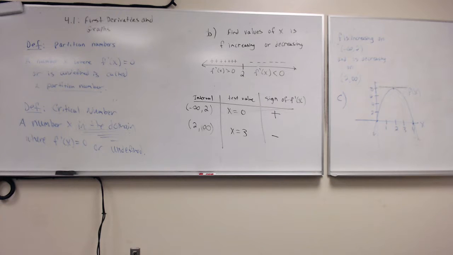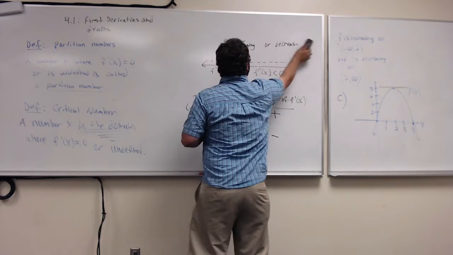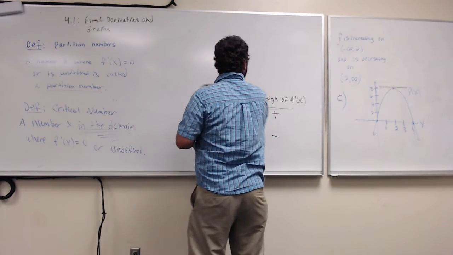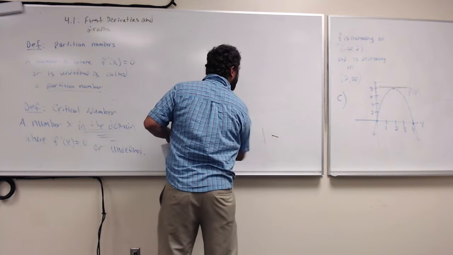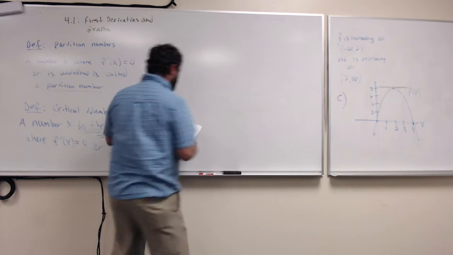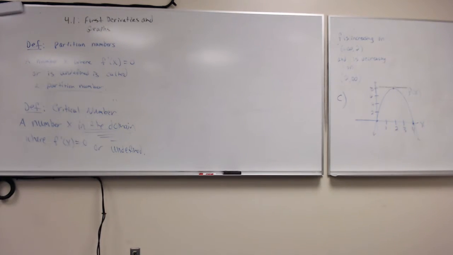I just saw example 4 has natural log in it, but that's okay, I'll make up a different function. What we're going to do first is find critical numbers. Then I'll tell you how critical numbers relate to finding where a function is increasing and decreasing, and they also help you find the local maximum and minimum values.